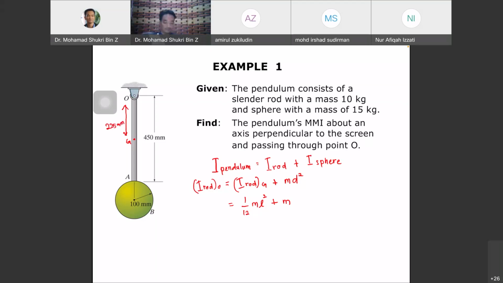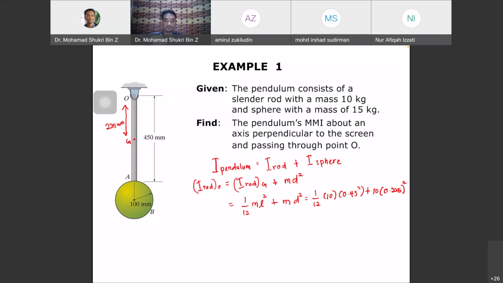Right? So convert to meter. So you have 1/12, mass adalah 10, 0.45 convert to meter, square, plus 10 times 0.225, and then square again. So you have I rod pada O lah.